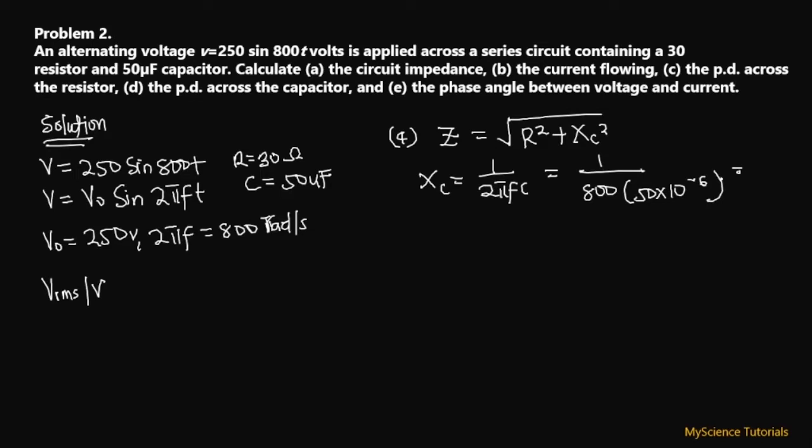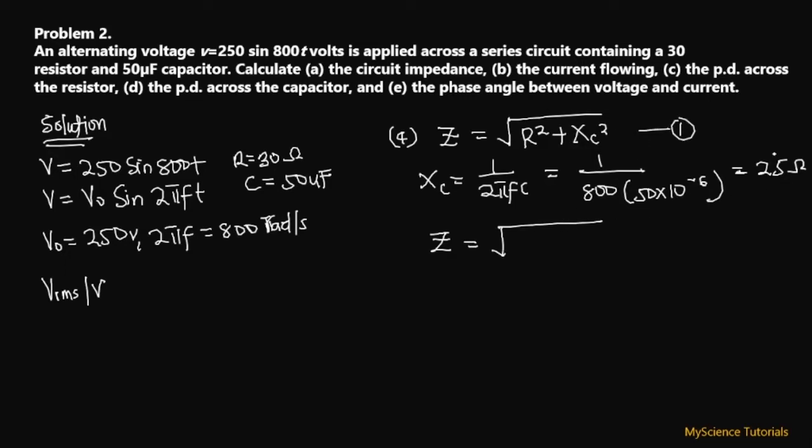If we multiply all that, we get our capacitive reactance to be 25 ohms. Now that we have that, we can do the substitution into this formula. Let's say that is equation 1.